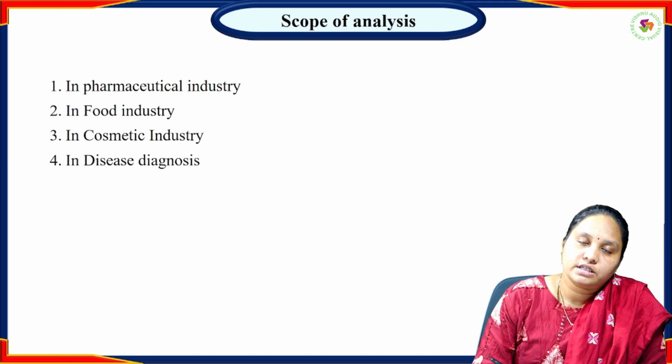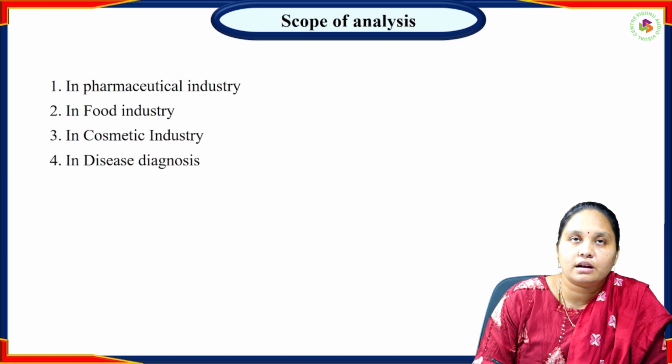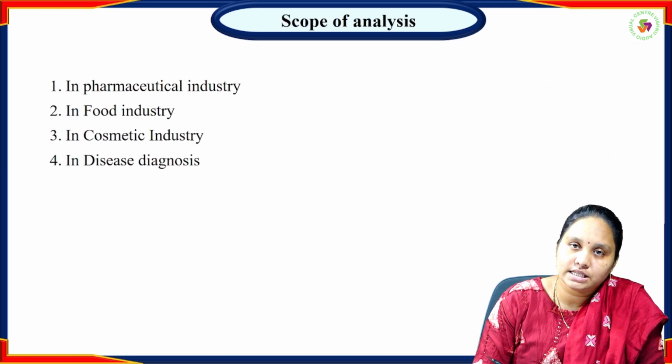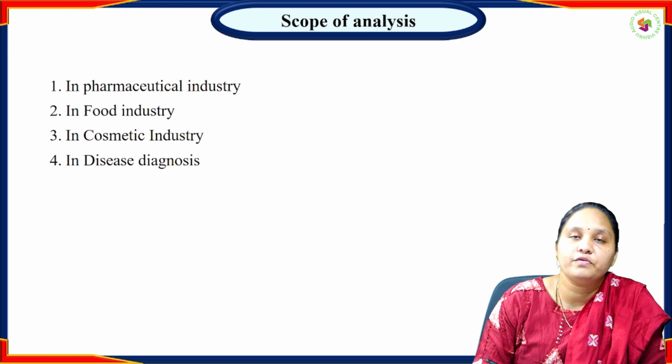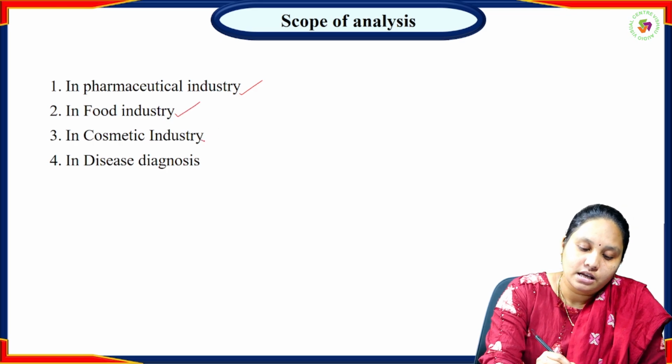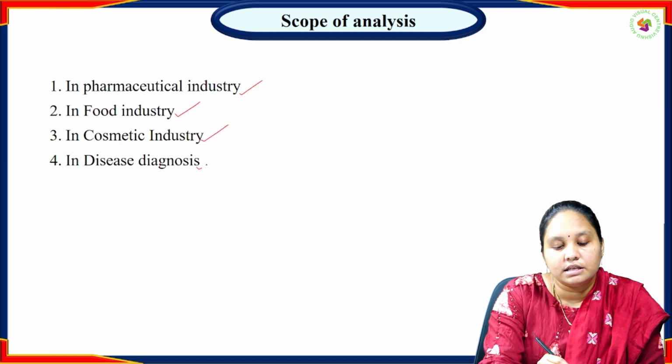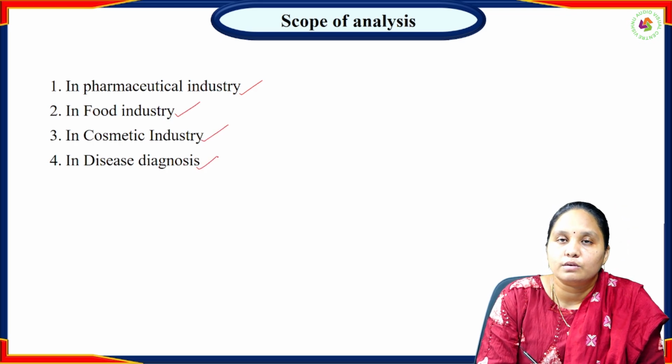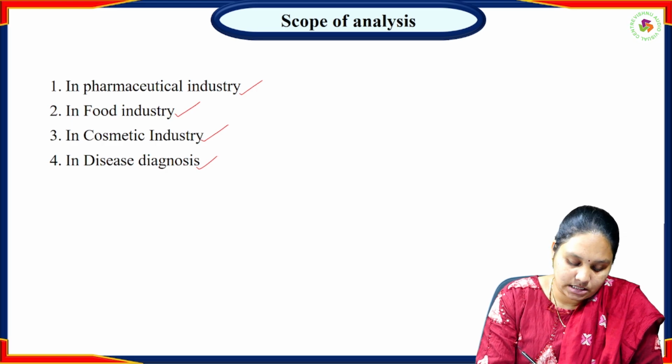Coming to the next one, the scope of this analysis, where we can apply this pharmaceutical analysis subject. We can apply it in pharmaceutical industries, in the food industry, in the cosmetic industry, and in disease diagnosis cases. We can use these pharmaceutical analytical techniques, right?